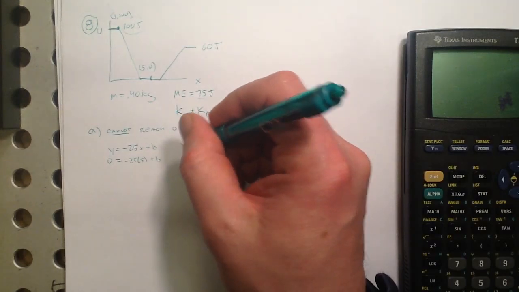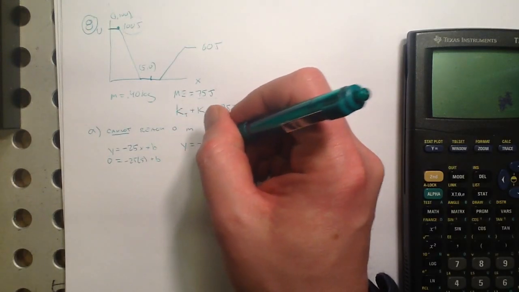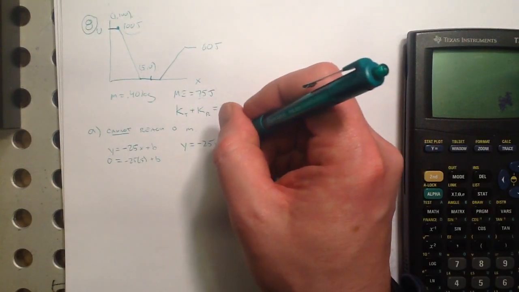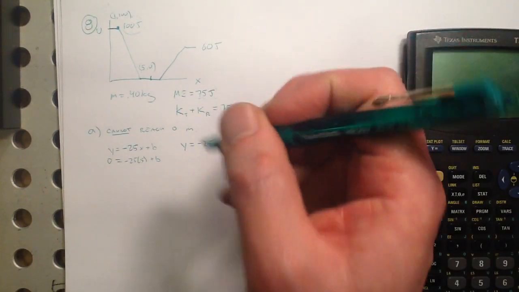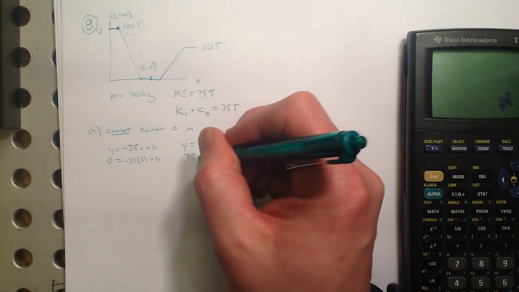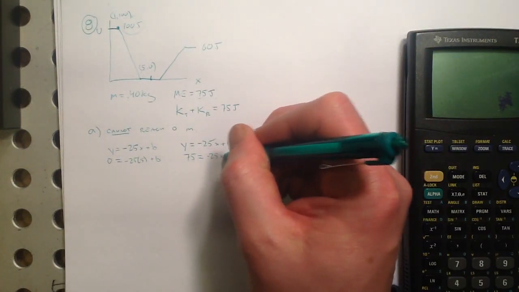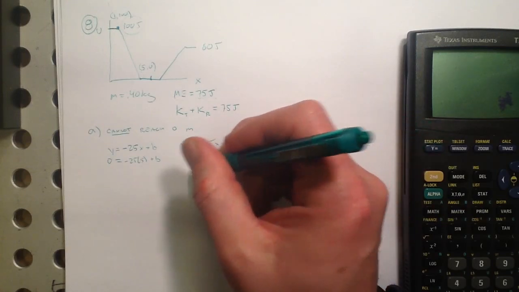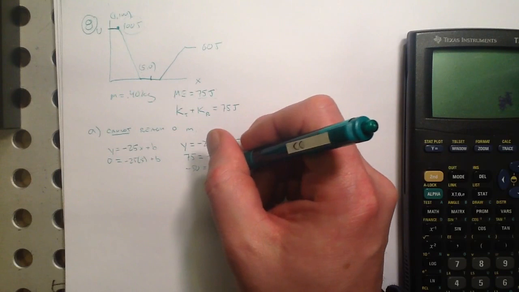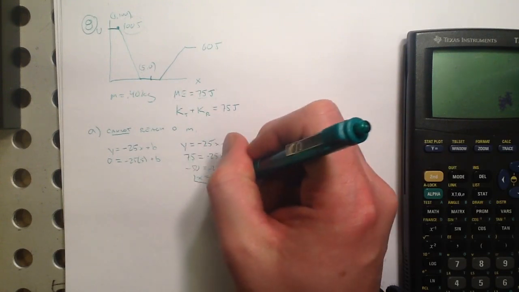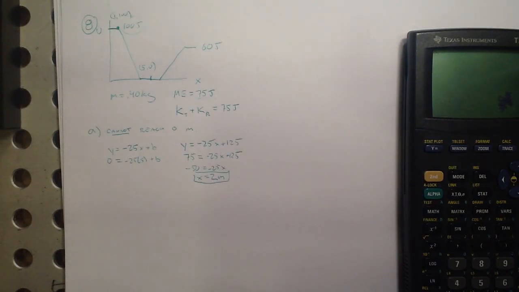So the equation for this piece of this piecewise function is that, and I want to know when it would be equal to 75. So subtracting that over there, it looks like it's right at 2. So the turning point is at x equals 2 meters.